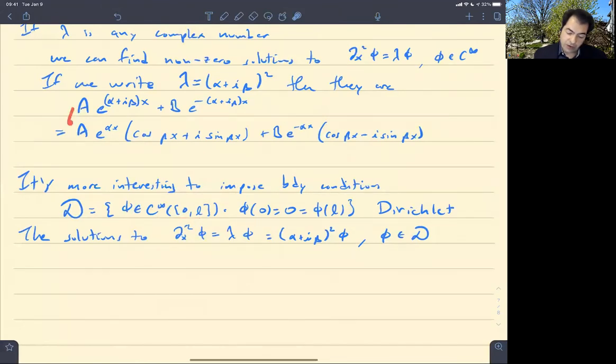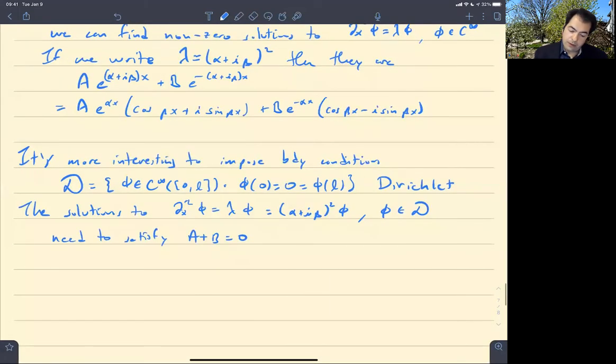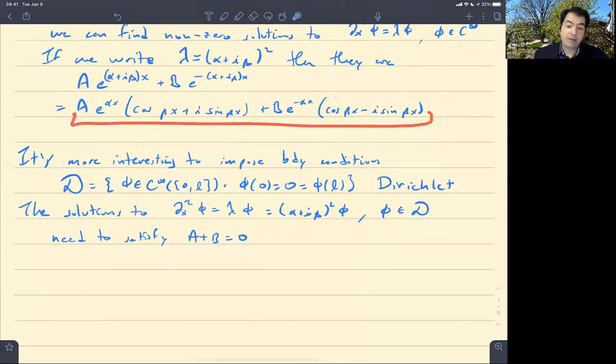So I need this function to vanish at both endpoints. So that gives you two conditions. Just by plugging in the left endpoint, you have that a plus b, the constants, have to add up to 0. And if you plug in the other endpoint, I'm going to get an equation from having this vanish.